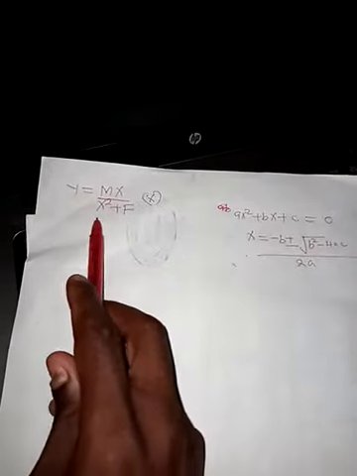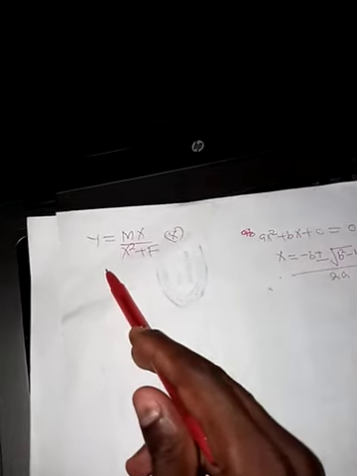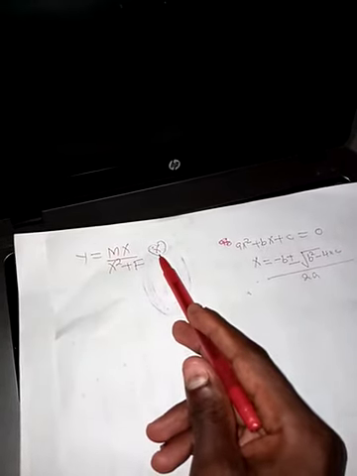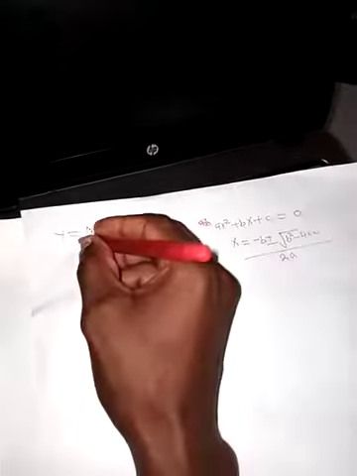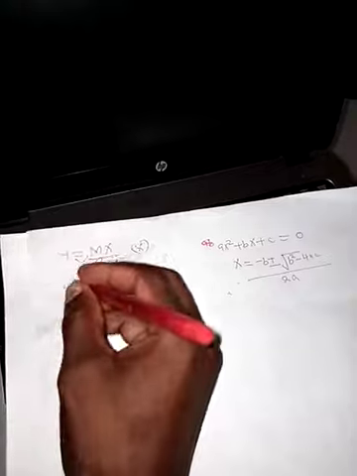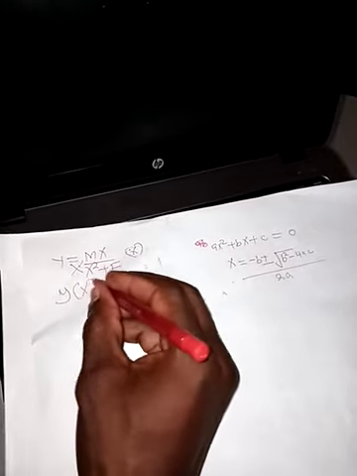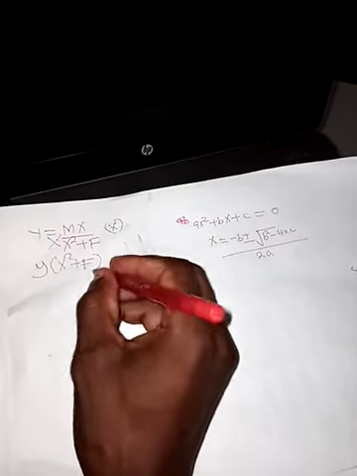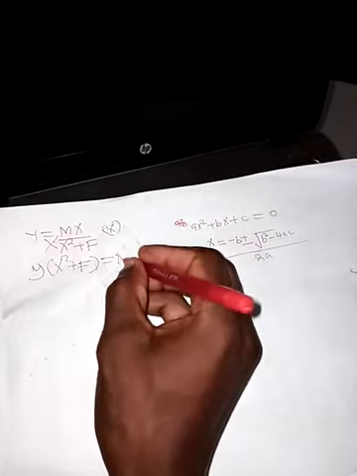Just like that. So now let us work out this equation which we are supposed to make x the subject of the formula. What we do first, we cross multiply the equation. When we cross multiply, we will get something that looks like y into bracket x squared plus f is equal to mx.